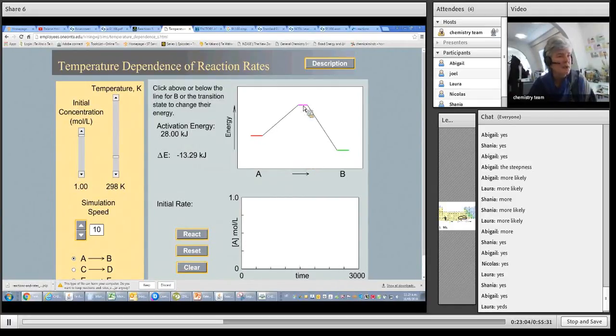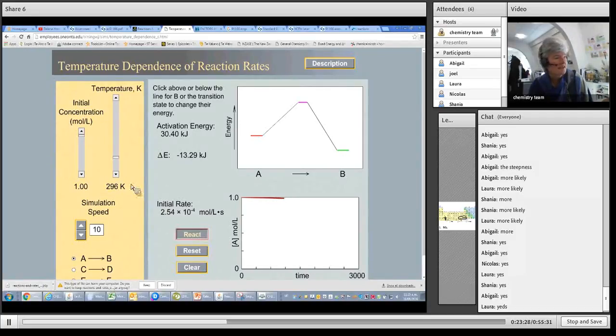So here what I can do is, let me do it quite high. Say I've got this reaction and I'm reacting it. I haven't given much temperature, and now I'm reacting it. Can you see barely any reaction is happening?